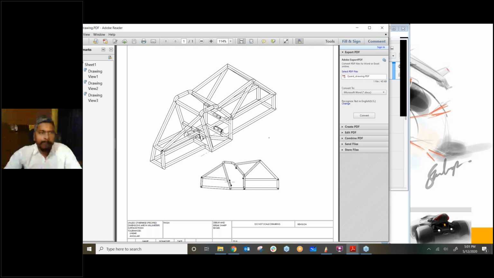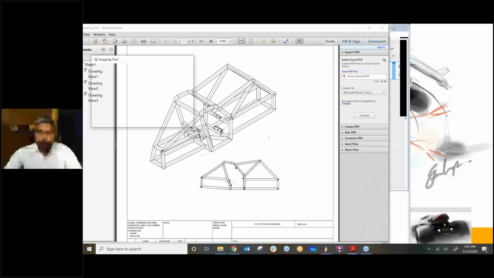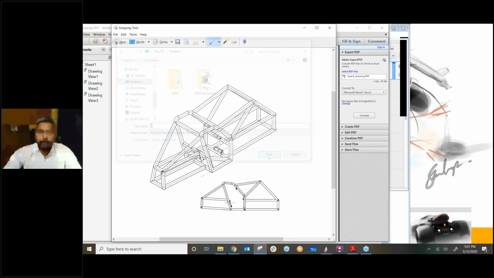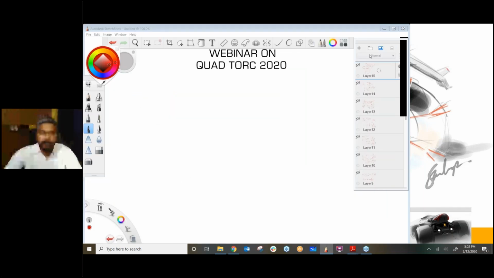Center of gravity we did yesterday. Okay, so this is lateral load transfer.